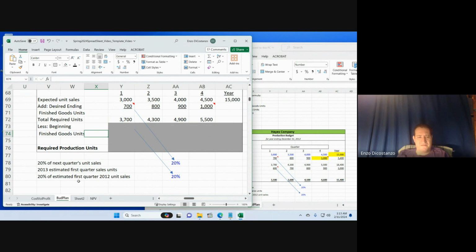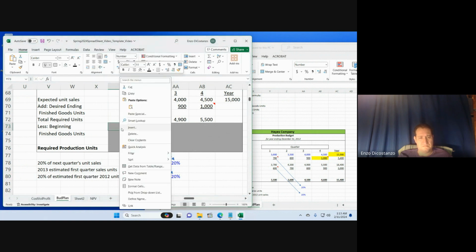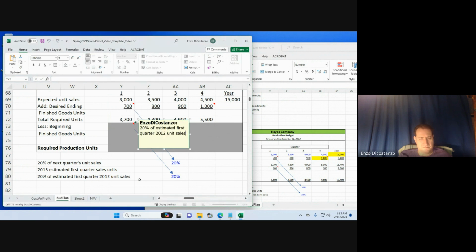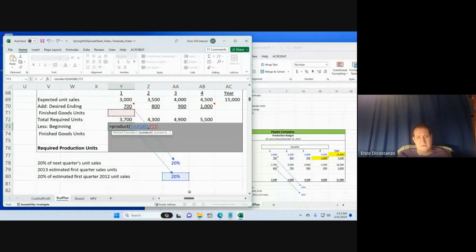What you'll do is equal products, 20%, anchor the column and the row, and then comma that 3,000. Let's have the row anchored. All right, that's your 600.